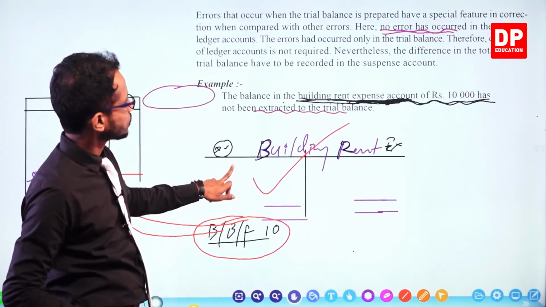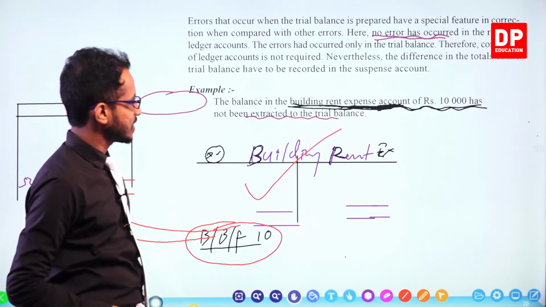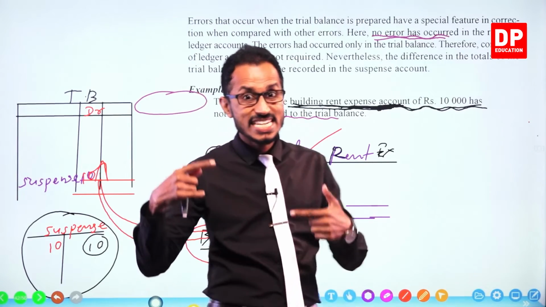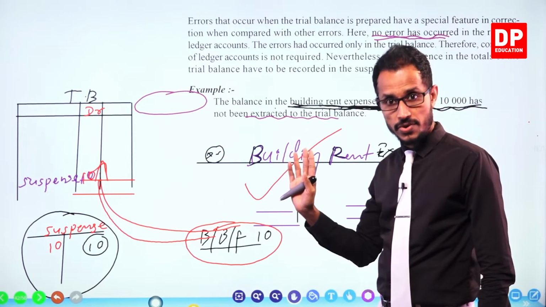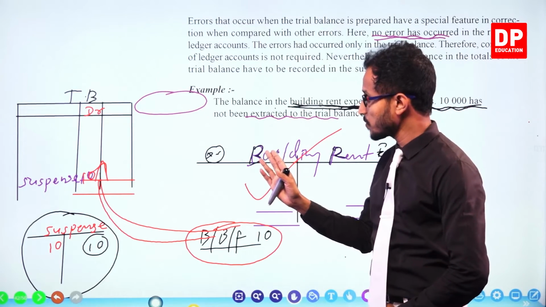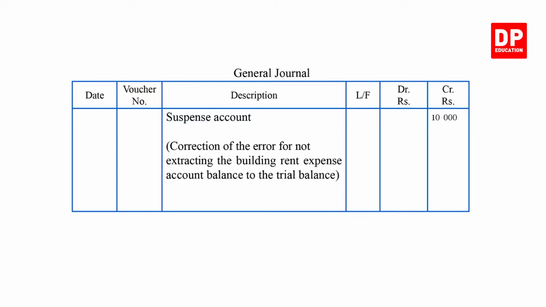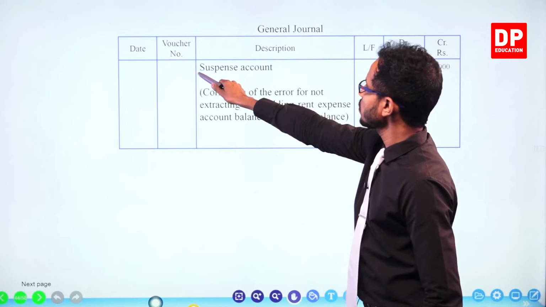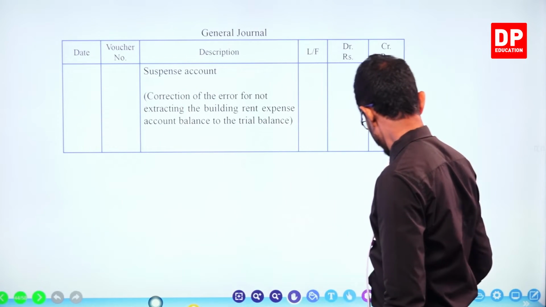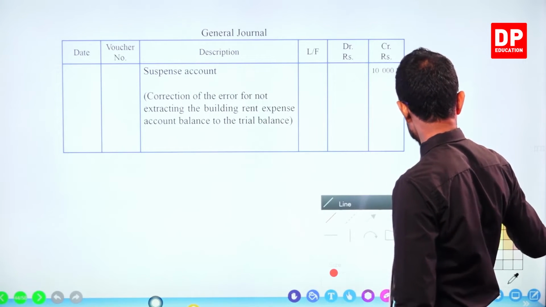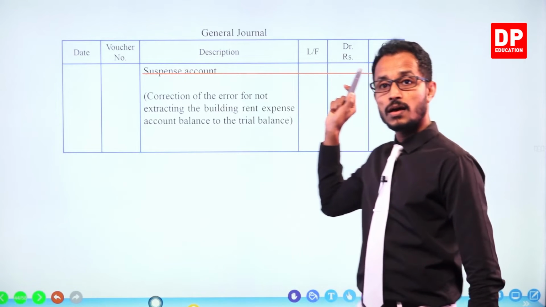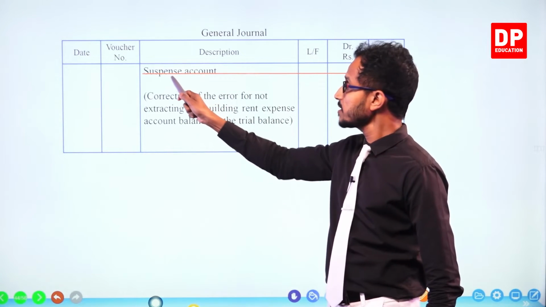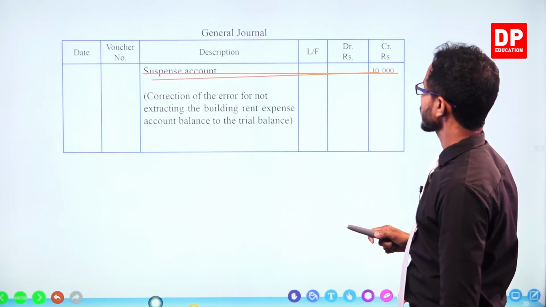This is the whole reason these errors are different from other errors, when you write the correction entry in this manner. Suspense account credit 10,000. Okay.